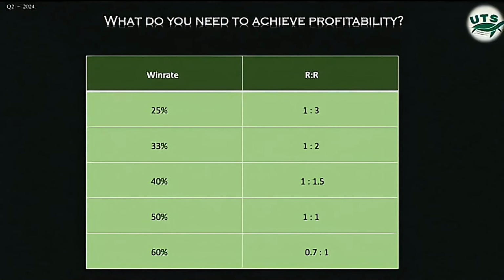If your edge produces for you a 33% win rate, you only need to risk $1 for $2 in return. 40%, 1 to 1.5, 50%, 1 to 1, 60%, 0.7 to 1. And the higher your win rate, obviously, the less you need to risk in terms of risk to reward.